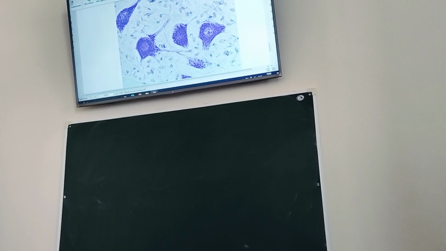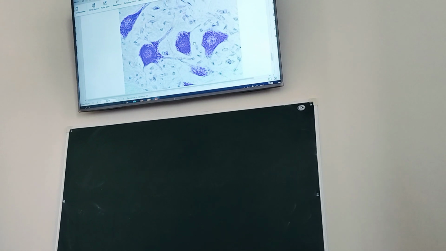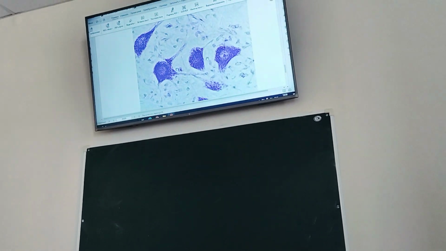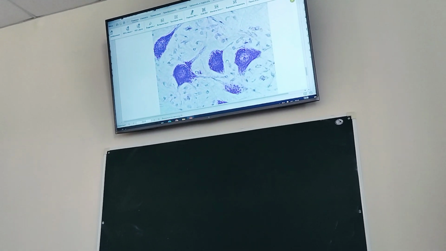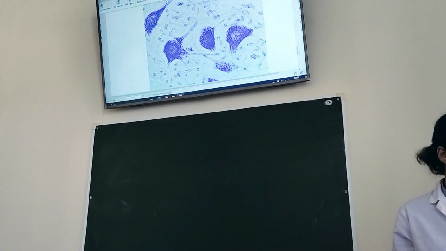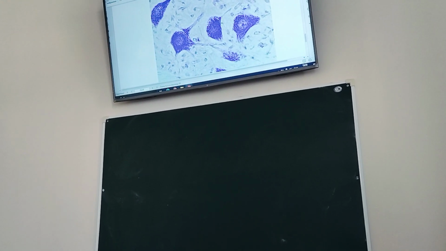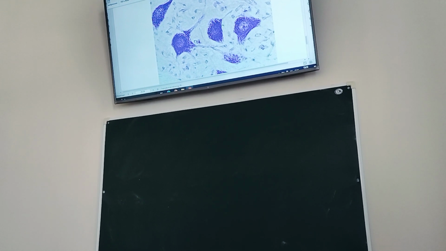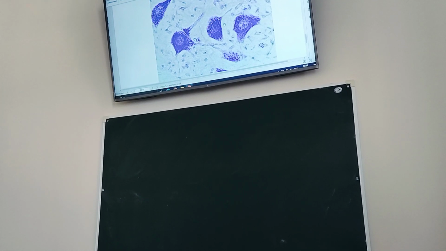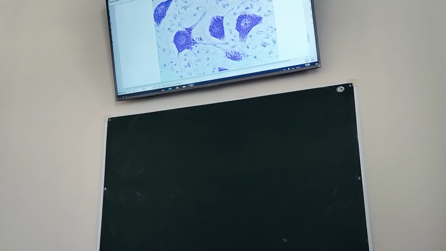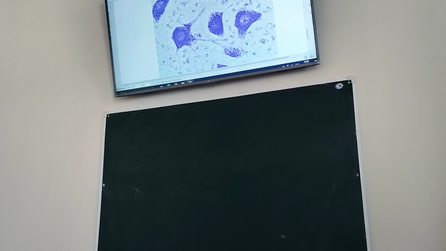So here we visualize abundant rough endoplasmic reticulum aggregates. You may also say euchromatic nucleus. It would be perfect. Euchromatic nucleus and nucleolus reflect protein synthetic activity.